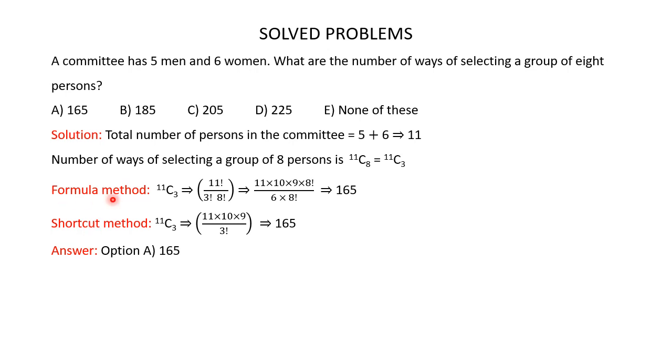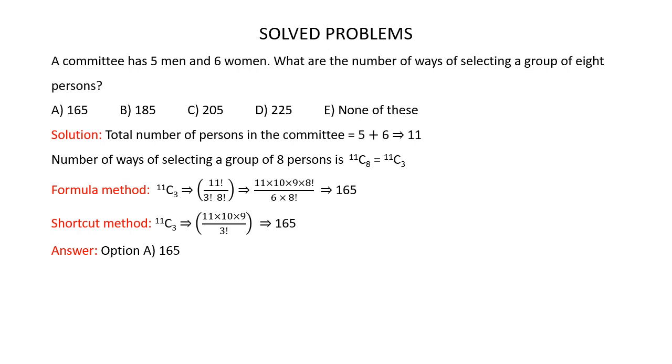According to the formula, 11C3 is nothing but 11 factorial divided by 3 factorial multiplied by (11 minus 3) factorial, which is nothing but 11 factorial divided by 3 factorial multiplied by 8 factorial. Now 11 factorial can be written as 11 multiplied by 10 multiplied by 9 multiplied by 8 factorial, so that the 8 factorial in the numerator and the 8 factorial in the denominator get cancelled out. And on solving this, we get the answer as 165.